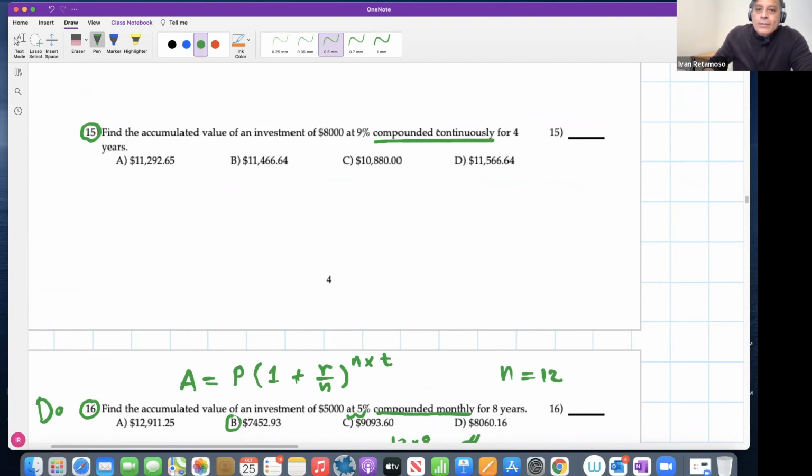Remember, as soon as you see this word continuously, or this phrase compounded continuously, in the body of the problem, it means that you have to use the second formula, which I'm going to write for you as a hint. A equals P E raised to R multiplied by T. Okay, use that formula and try to figure this out. And let us know the answer in case you find it.